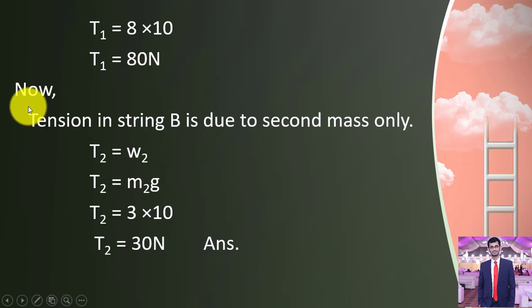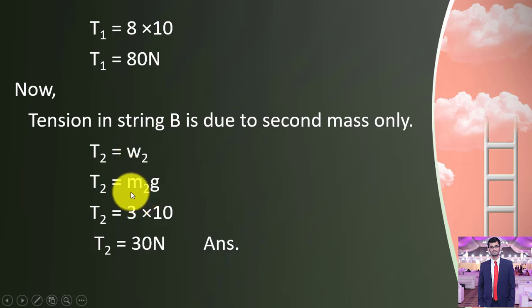Now we need to find the tension in string B, that is the second string, due to the second mass only. Now T2 is equal to W2. This is because the tension in the second string is due to only the second mass, that is of 3 kg. So T2 is equal to m2 into g, which is the weight of the second object.